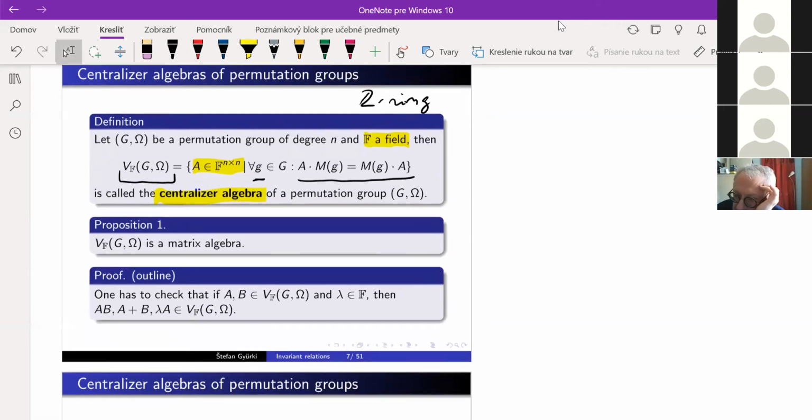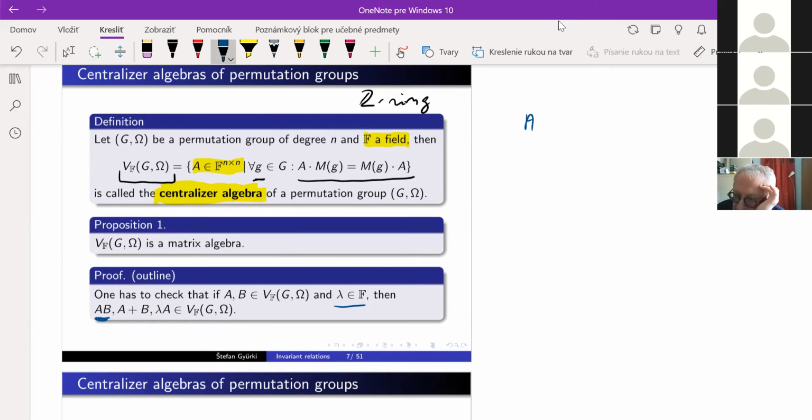It is not so hard to check that this algebra is a matrix algebra. One has to check that if two matrices belong to this algebra V, and if we take any scalar from the field F, then the product of matrices A and B also belongs to this algebra.